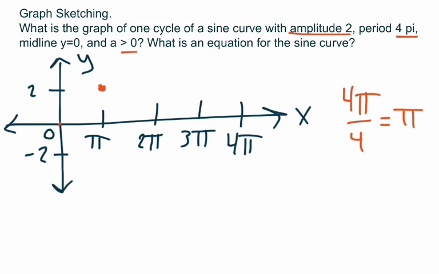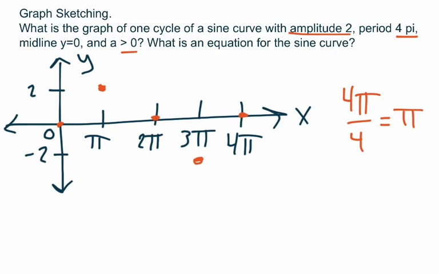Next, we plot our pattern with our 5 key points. Since we're completing one cycle from 0 to 4 pi, I know that at 0, y will be equal to 0. At pi, we already have seen that y equals 2.